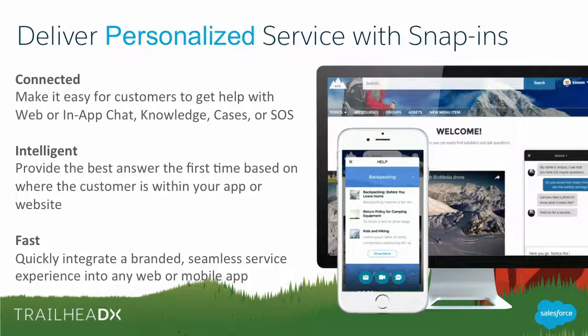SnapIns is embedded support in your web page or in your mobile app, because that's where your customers are. We want to provide an out-of-the-box experience that guides your customers through their purchase or experience on your websites without having to jump out and come back in. That's a disconnected experience, and that's the problem we're trying to solve with Service Cloud SnapIns.